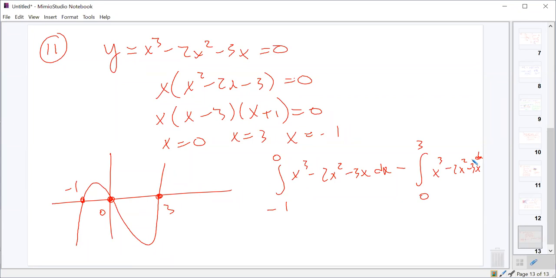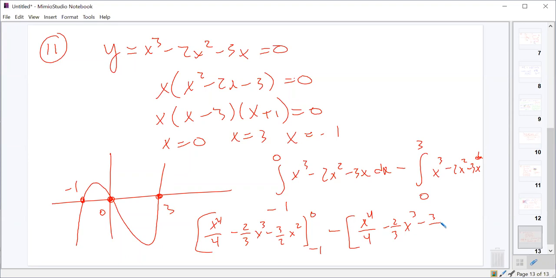And then we'll just integrate. So we got x to the 4th over 4 minus 2/3 x cubed minus 3/2 x squared, negative 1 to 0, minus same thing, x to the 4th over 4 minus 2/3 x cubed minus 3/2 x squared, this time from 0 to 3.